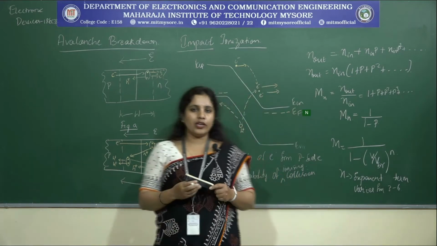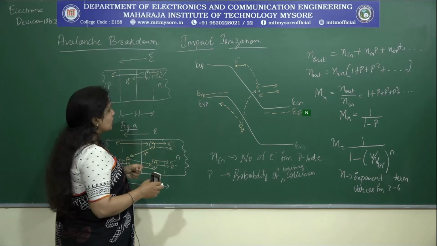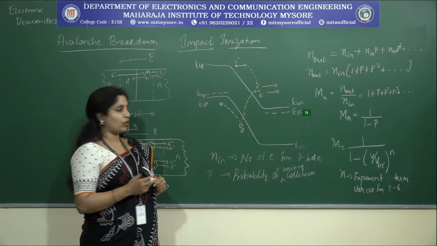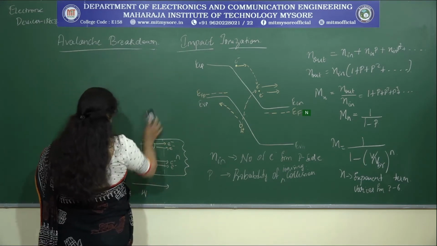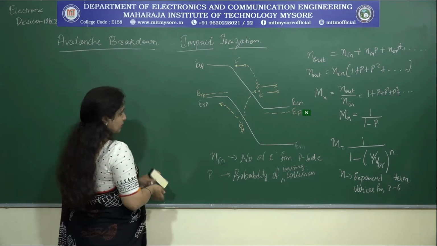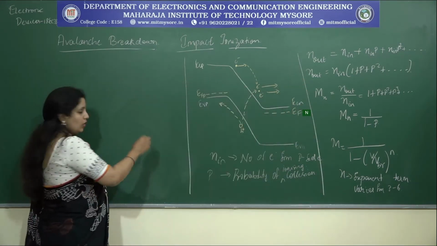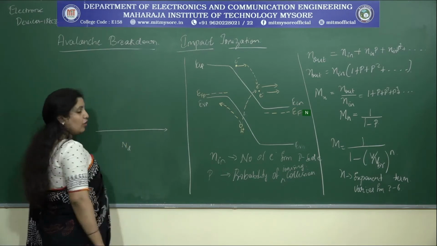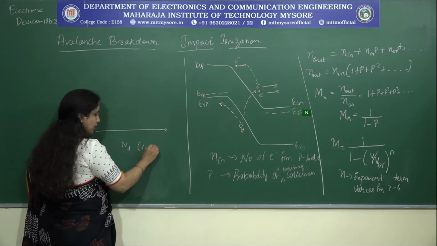Now there is one more little thing that we have to understand under the avalanche breakdown, that is how VBR is a function of the doping concentration. Let's try to represent that now. Let me consider this axis to be ND, the donor concentration, measured per centimeter cube.